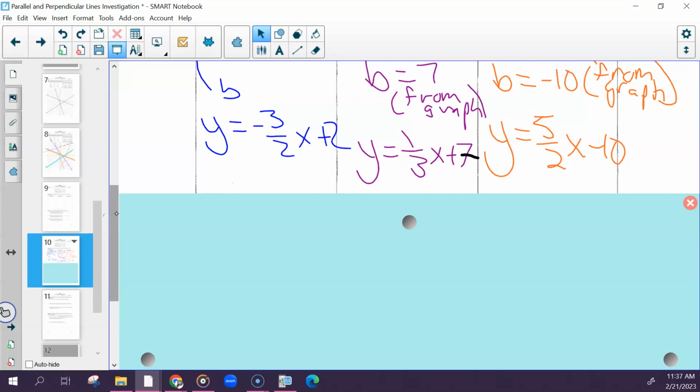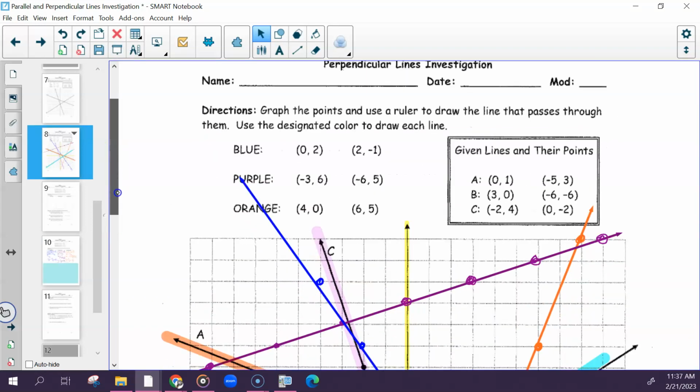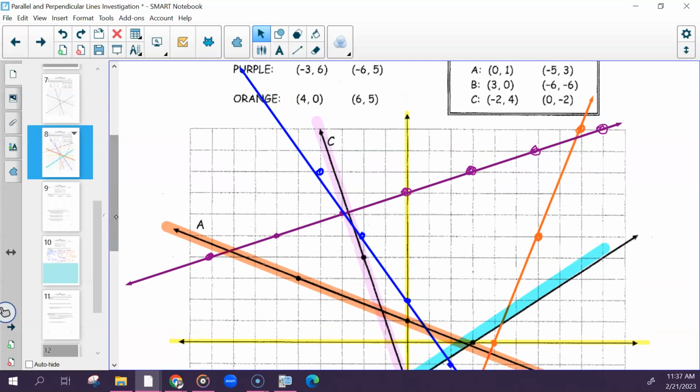Before we answer these questions, we need to talk about kind of what perpendicular means. So I'll go back to this page if you still need this. Does anyone know what perpendicular lines look like on a graph?